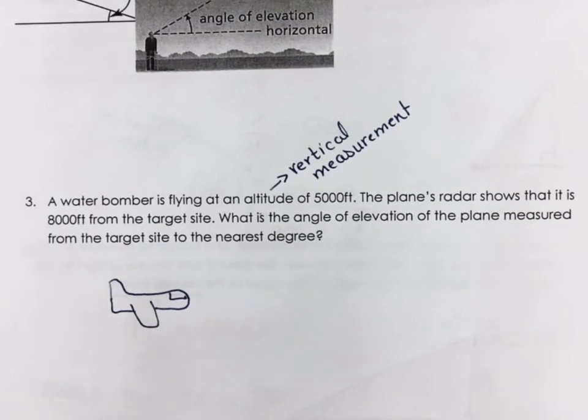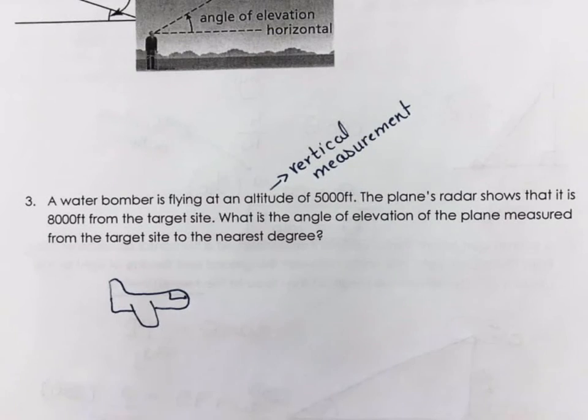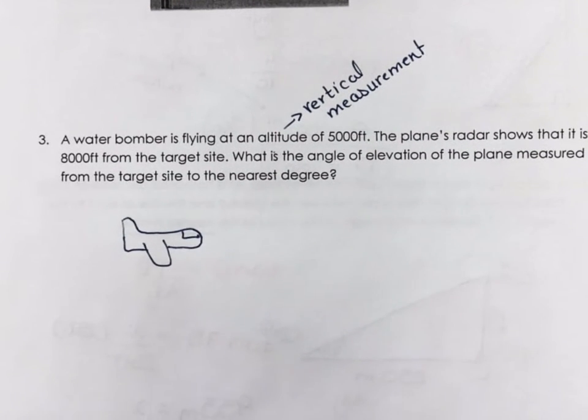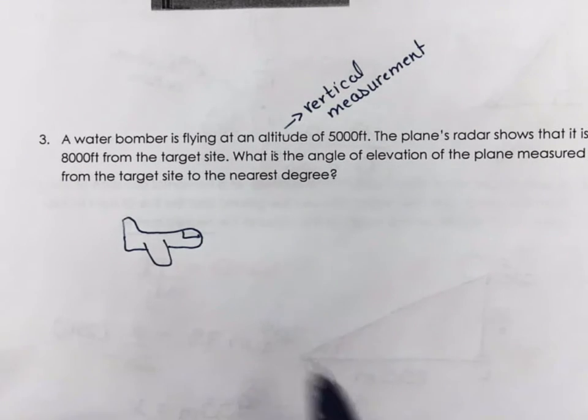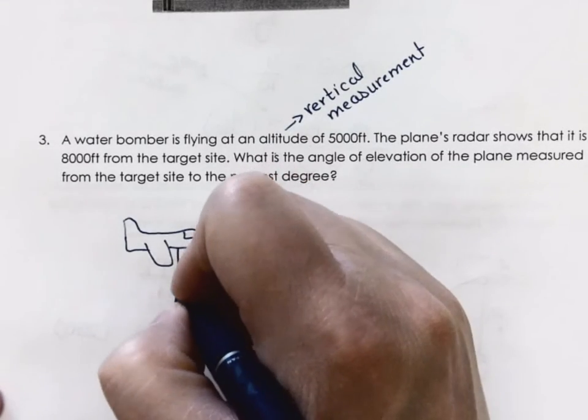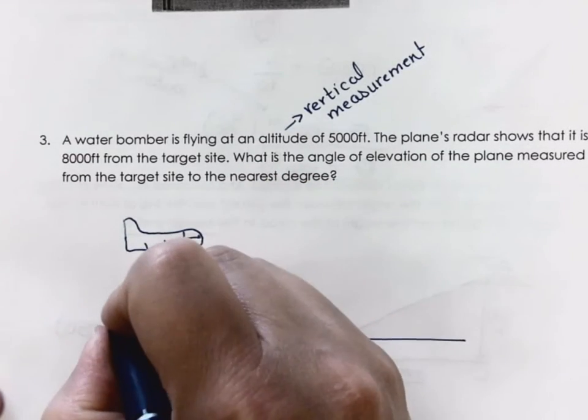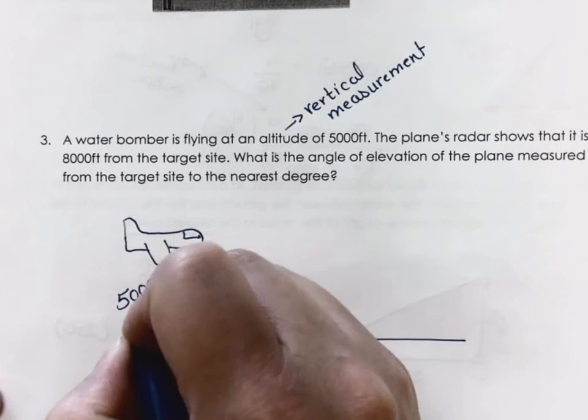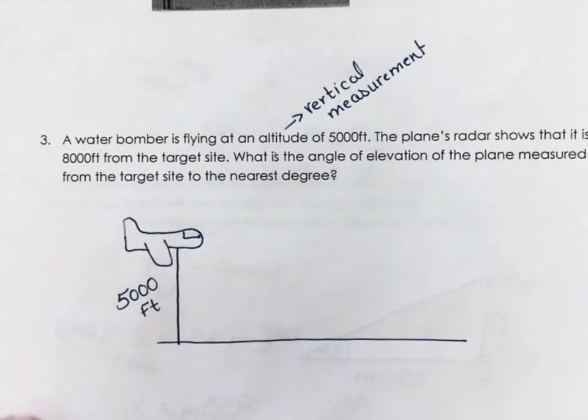Okay, that's my plane, as good as it gets. So where are we measuring the altitude from? Where's an altitude of 0? You're sitting on the ground, right? So we know that we have some ground here, and this has an altitude of 5,000 feet.